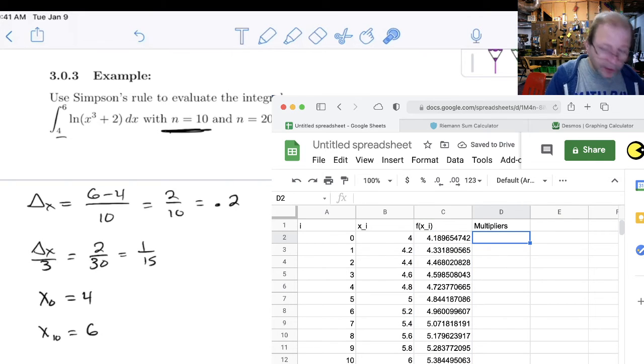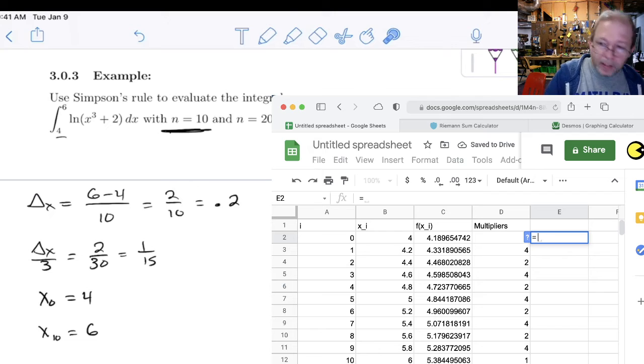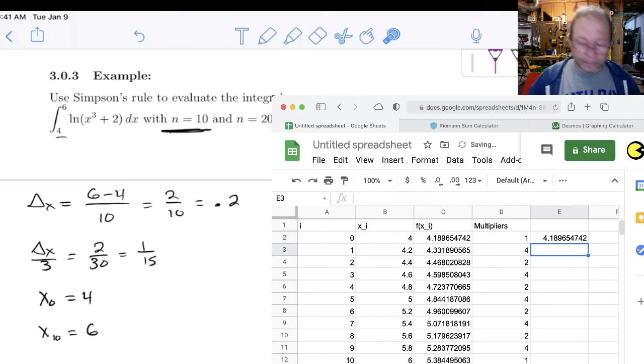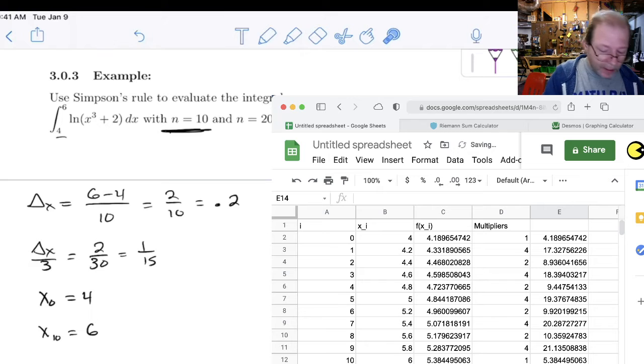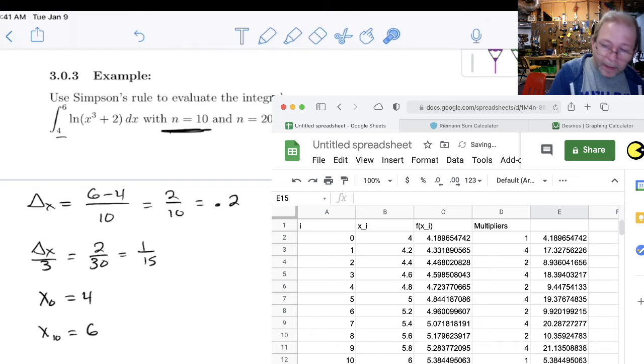My multipliers here are going to be 1, 4, 2, 4, 2, 4, 2, 4, 2, 4, 1. So let's multiply these together. I'm going to paste this down, and the sum of these guys is that.